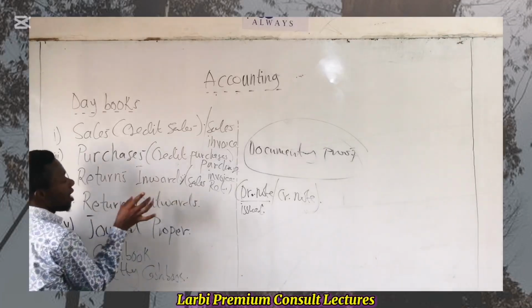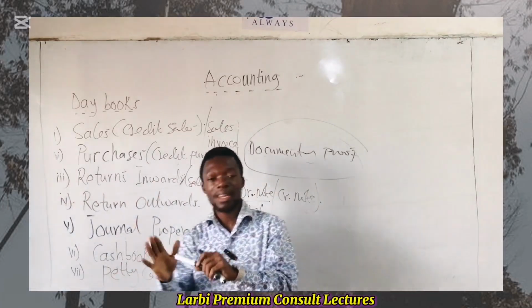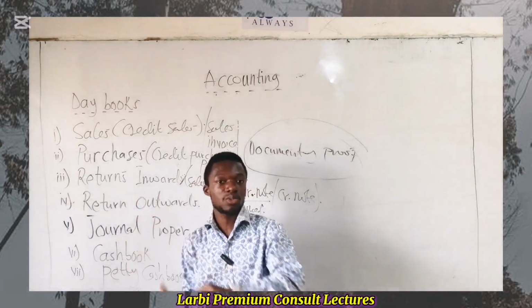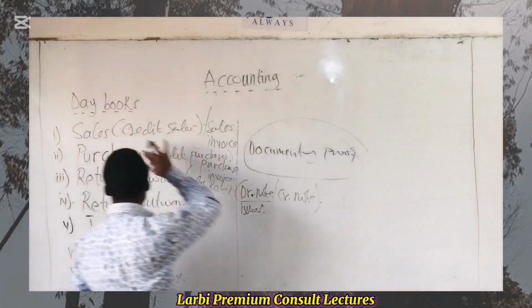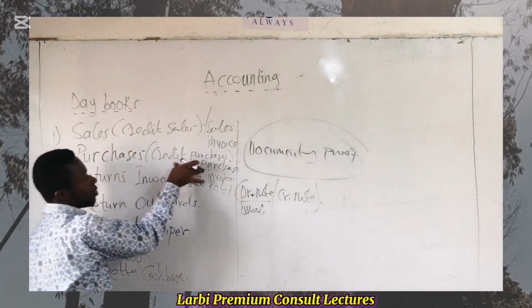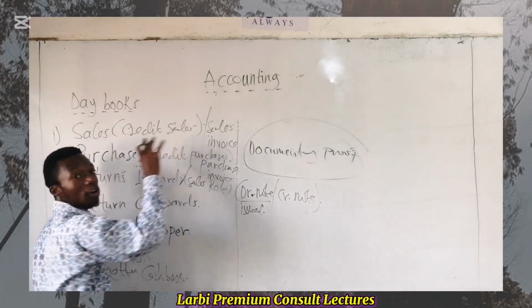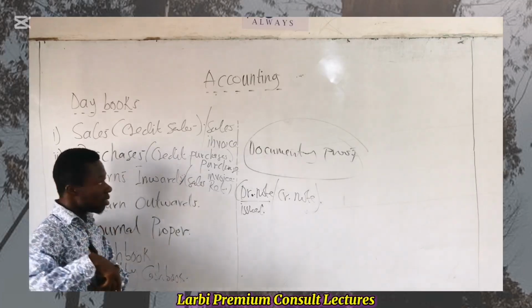When it comes to return outwards, we are talking about what? The business returning the goods from its premises to the suppliers. That one also has its root effect from the purchases. If you remember, when we were talking about purchases, we said that the business receives supplies of goods on credit without paying at that spot.